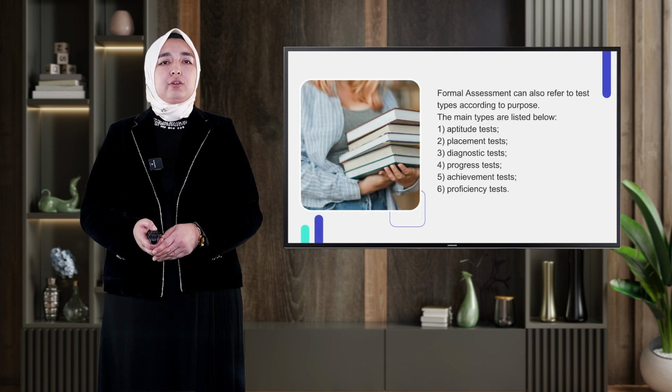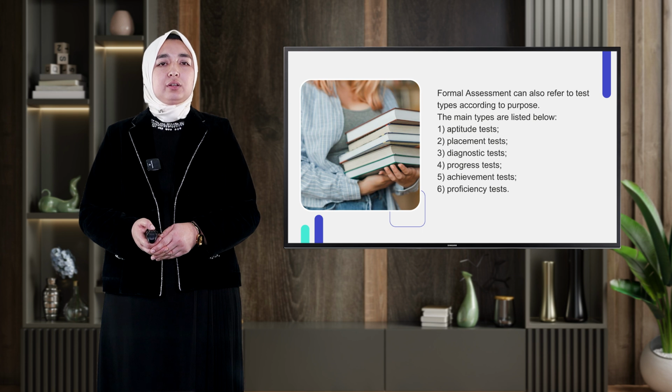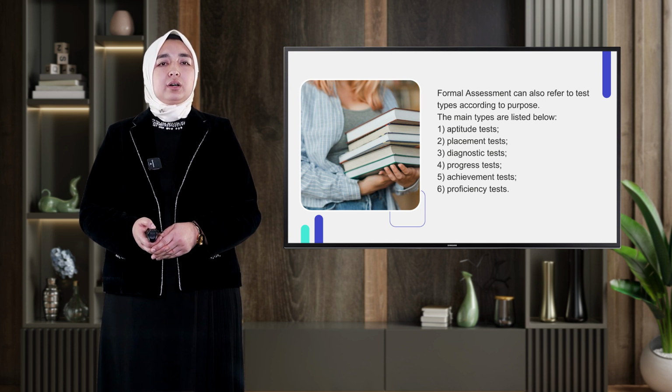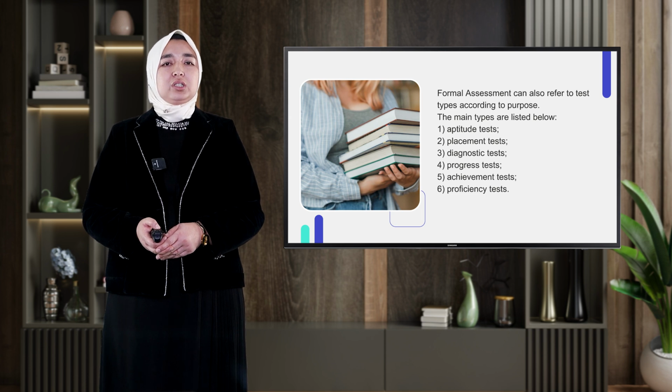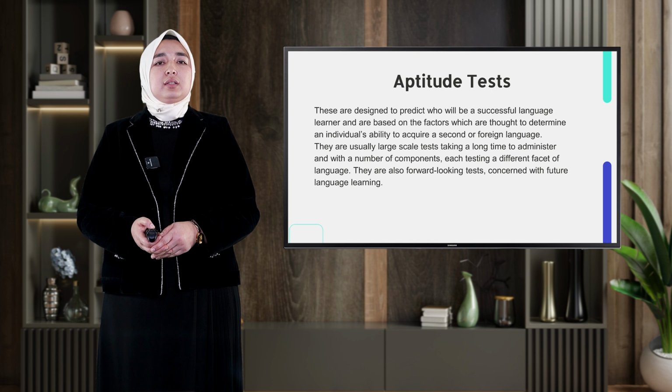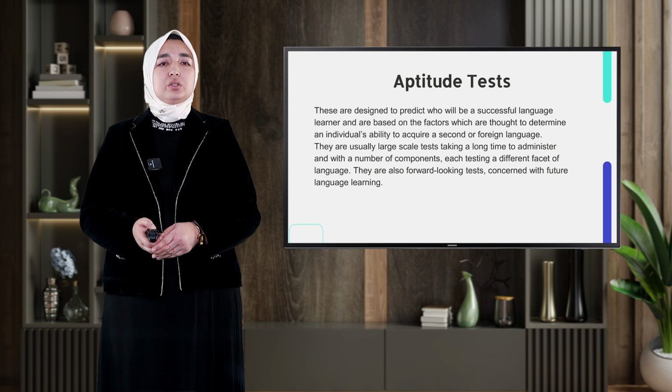Formal assessment can also refer to test types according to purpose. The main types are listed below. First one, aptitude tests, placement tests, diagnostic tests, progress tests, achievement tests, proficiency tests. Aptitude tests are designed to predict who will be a successful learner and are based on factors which are sought to determine the individual's ability to acquire a second or foreign language.